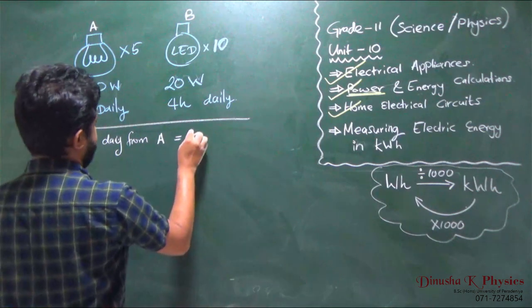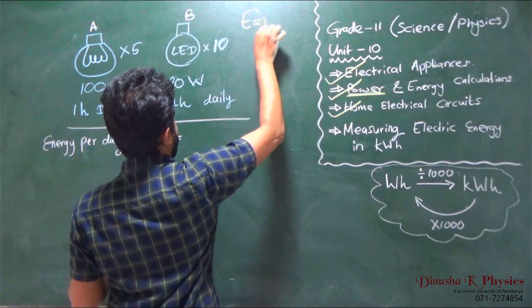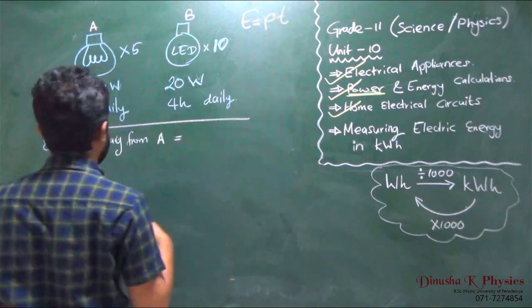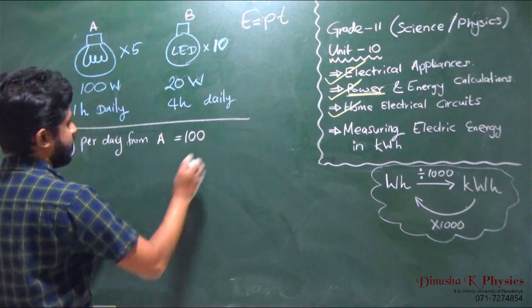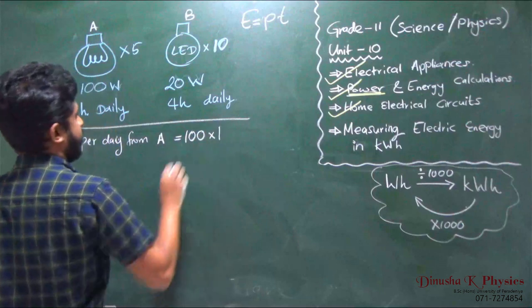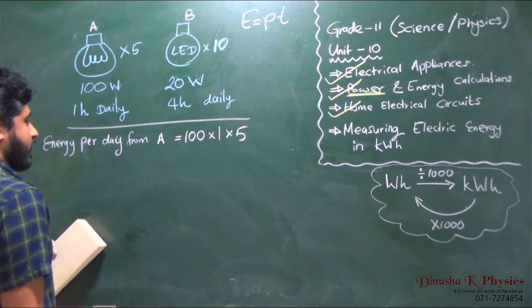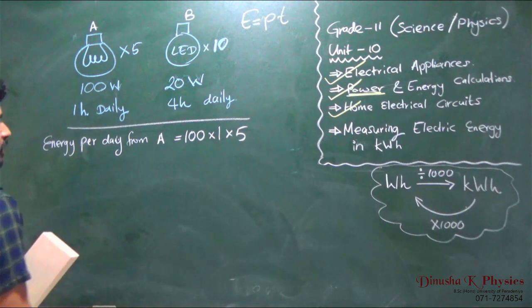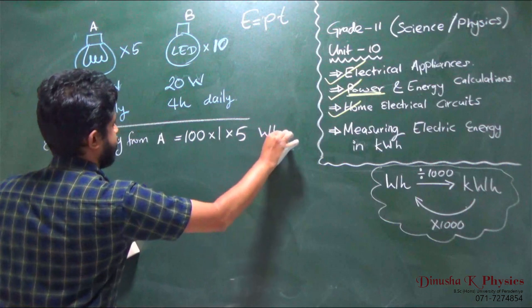The energy can be calculated using the product of power and time. So what is the power? It's 100 watts, and the time used is 1 hour, and there are altogether 5 bulbs. You have to multiply by 5. Okay, then I am not missing the number of bulbs. So you have the energy in watt hours.